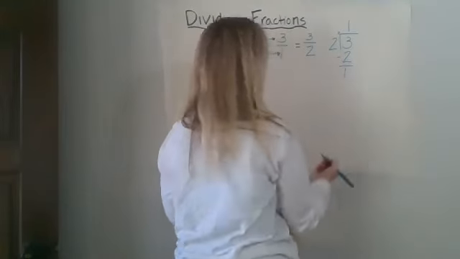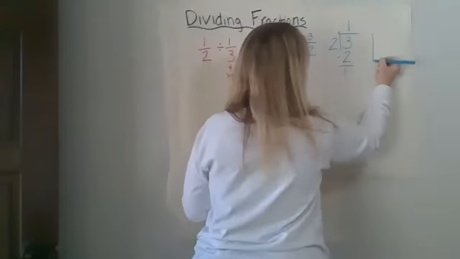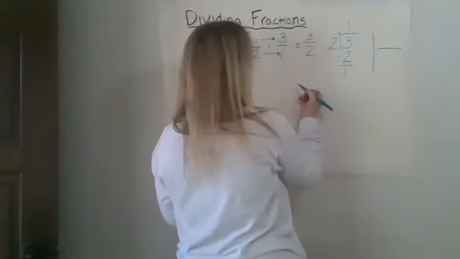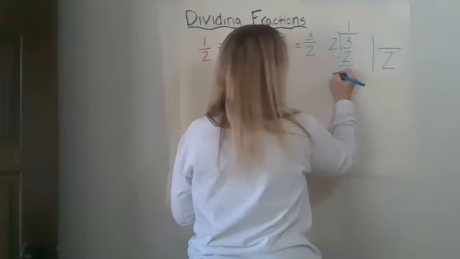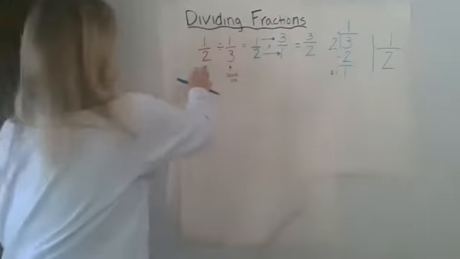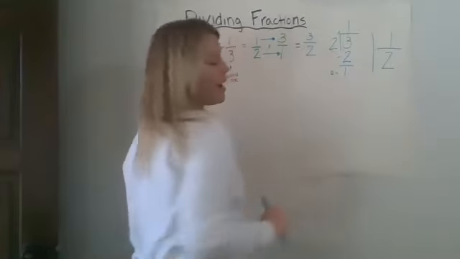Subtract, you get your 1. That is your leftover. My denominator stays the same as original, and my remainder is 1. So 1/2 divided by 1/3 is 1 1/2.